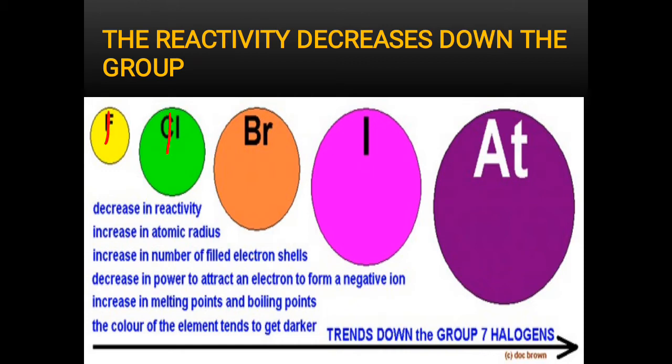But as we go down the group the size of the atom is getting larger, the gain of electron becomes difficult for a halogen. So iodine and astatine cannot welcome the adjoining electron which is coming into their structure, because the nucleus is far located from the place where they are adjoining, and the gain of electron becomes very easy for smaller size halogens. So that is why the chemical reactivity is decreasing down the group.